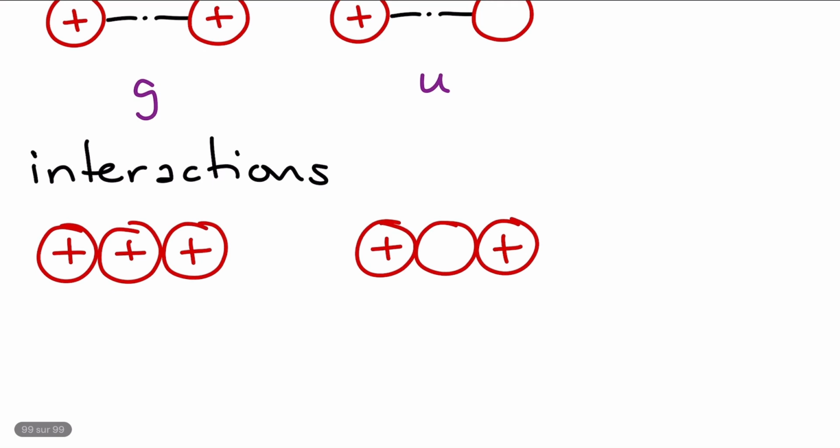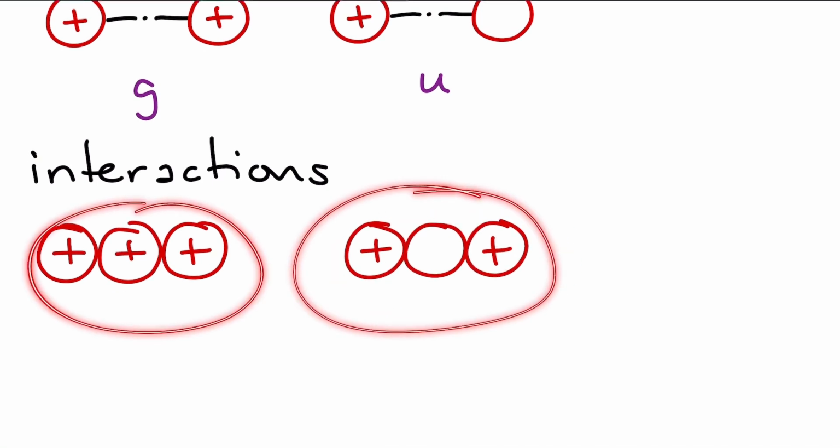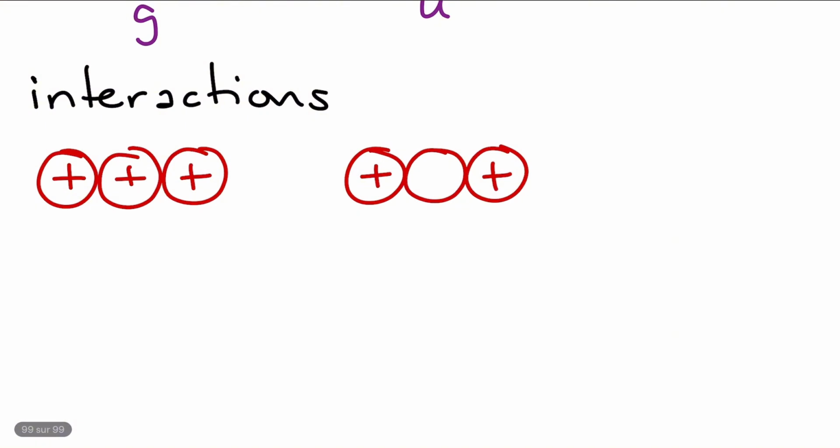I'm going to give a name to these two interactions that I've just drawn out, and I'm still going to use the inversion operation, inverting it through the center. This one is gerade, and for this one I cannot use that anymore, or maybe I can say this is gerade star, because this is anti-bonding.